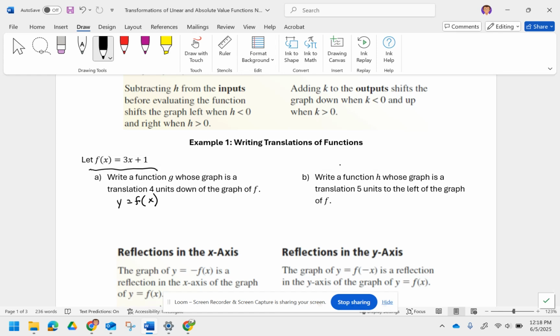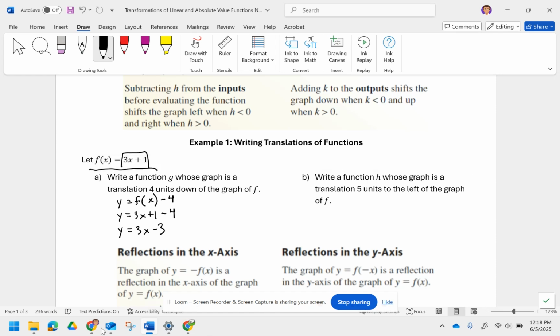So f of x and 4 units down, so k would be a minus 4. All right, so now let's simplify that. Y is equal to, I'm going to replace f of x with what f of x is equal to. So 3x plus 1, minus 4 is there. And now let's simplify. 1 minus 4 is a negative 3.